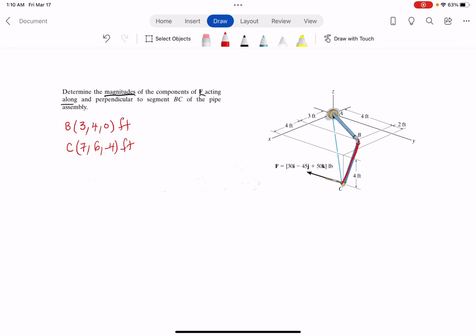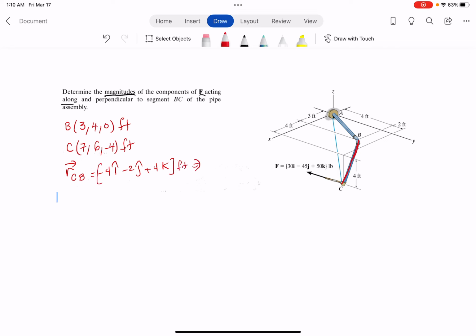So you look for the position vector CB, from the tail of the force. It is CB, which means B minus C: 3 minus 7 is -4i, 4 minus 6 is -2j, 0 minus -4 is plus 4k. That is the position vector in feet.